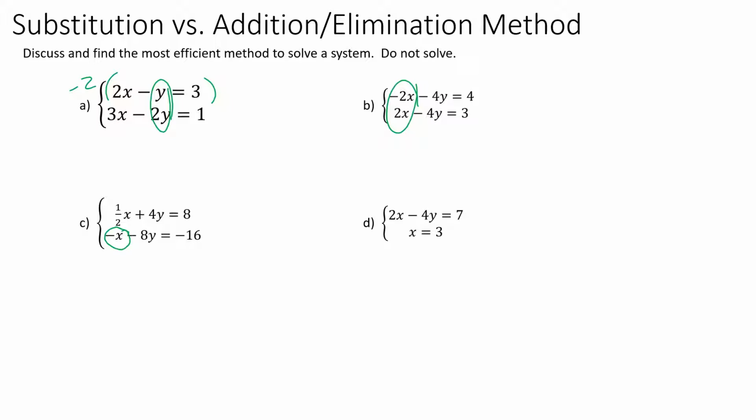So really, what I would want to do is multiply that first equation by 2. If I multiplied that first equation by 2, the 2 and the 1/2 would cancel, giving me just an x. That would be my new number 1, and then number 2 could stay the same.